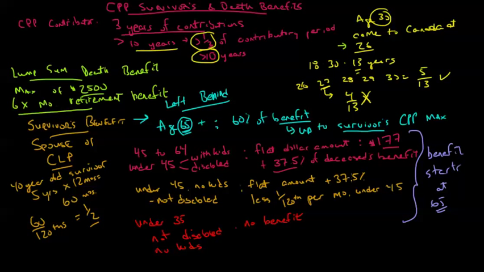Okay, now whatever benefit you do have, remember, as with all CPP benefits, that it's going to be taxable and it's going to be indexed to inflation. And in a later video, we're also going to look at the benefits available for the child of a deceased CPP contributor. There's an additional amount of benefit that's payable there.